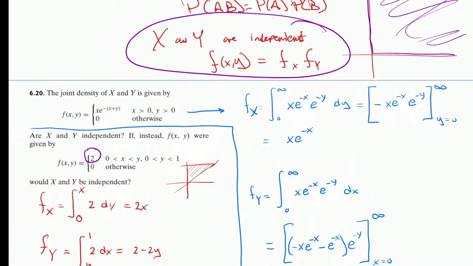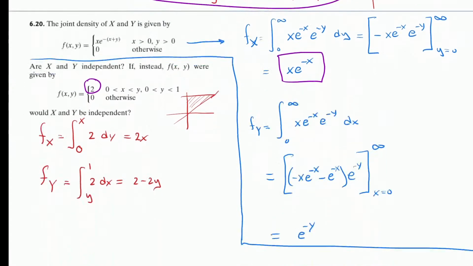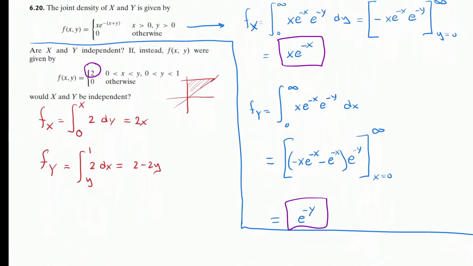In both cases, this one is independent because I can take the density function and write it as a product of two density functions. So if you didn't do this, I guess it's fine, but I'm doing it just because I want the marginal density functions. So anyway, this one is the marginal density function for x. This is the marginal density function for y.